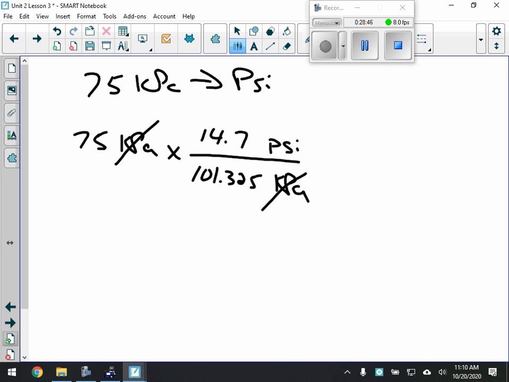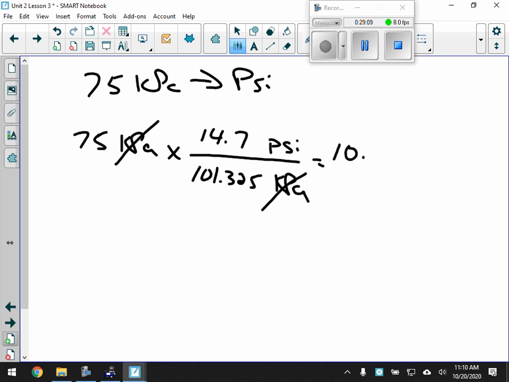You're going to take 75 times 14.7. You're going to divide it by 101.325, and you are going to get 10.8 something. Correct?